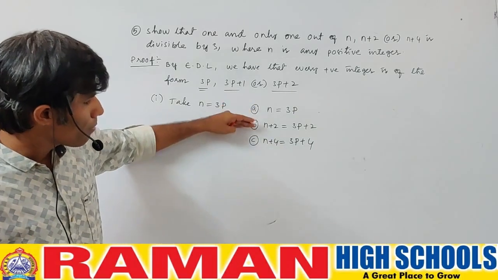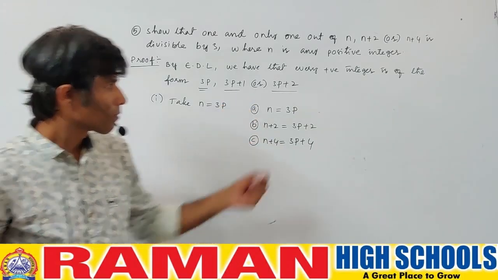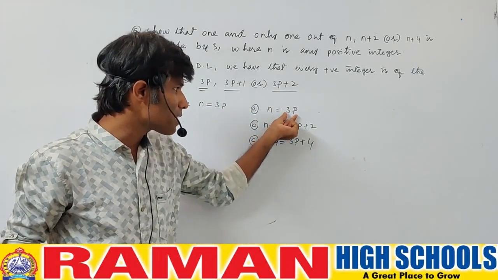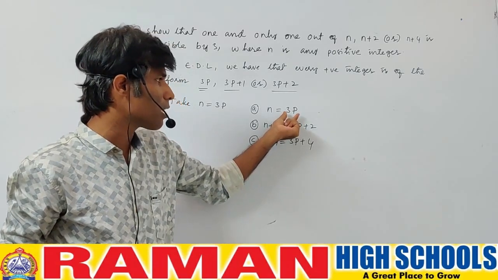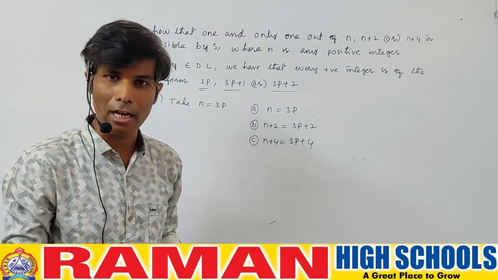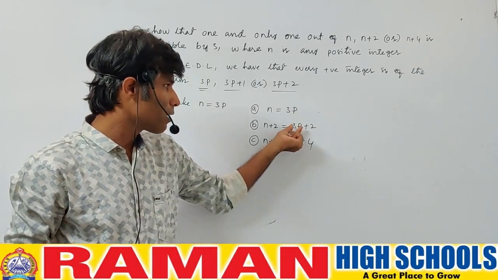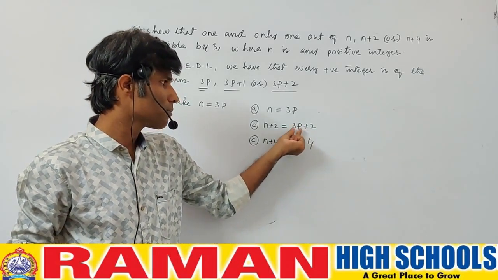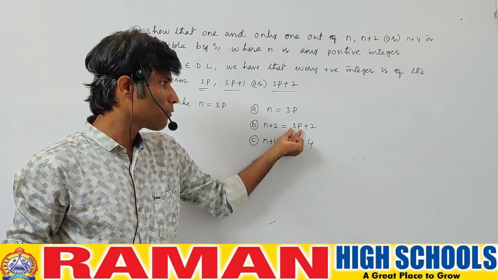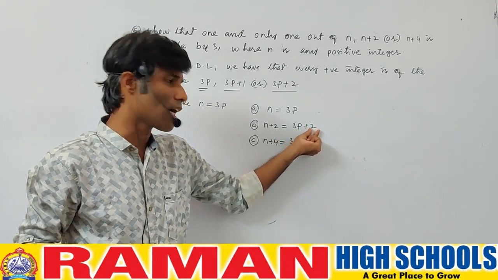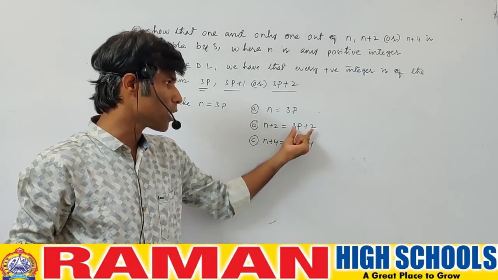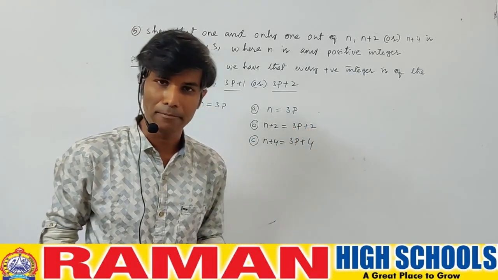In these three numbers, if you observe, here 3p is divisible by 3 because 3p is the product of 3 and p, therefore it is divisible by 3. And here you can observe this is a multiple of 3, but 2 is not a multiple of 3, therefore 3p plus 2 is not divisible by 3.